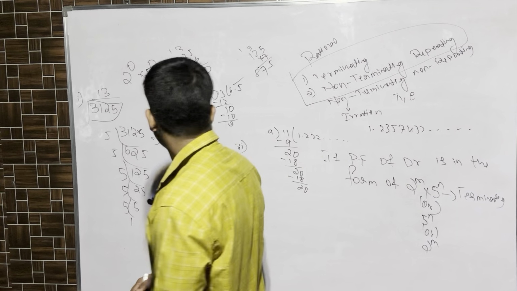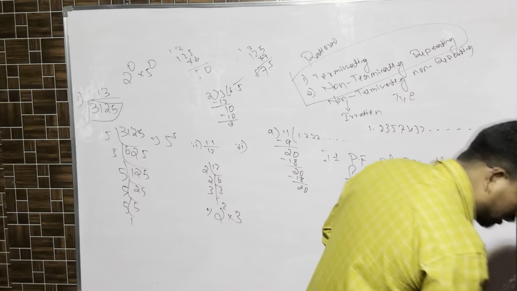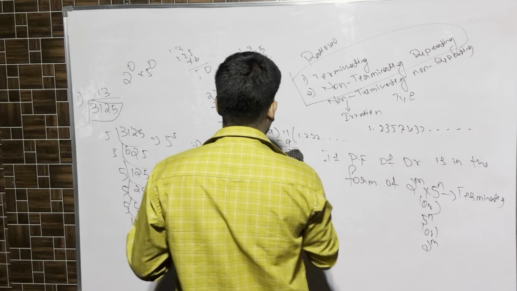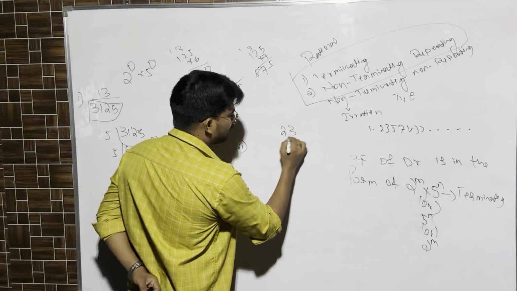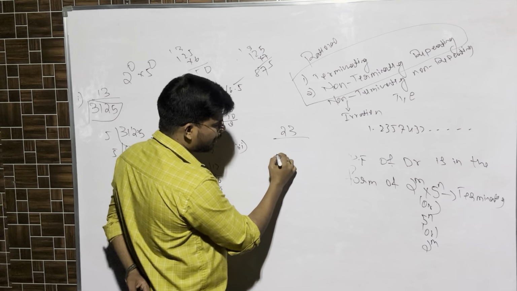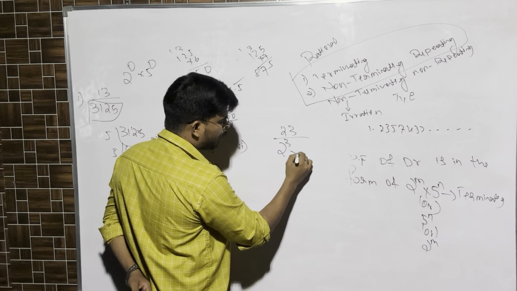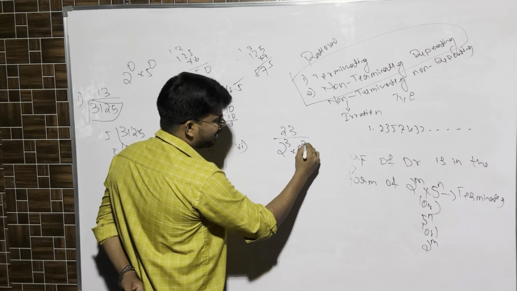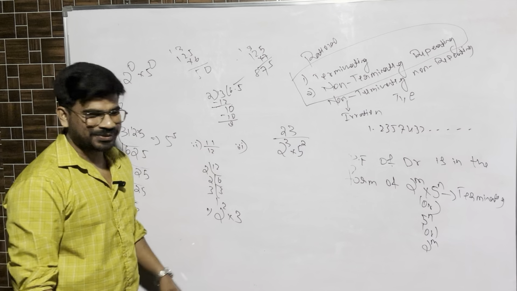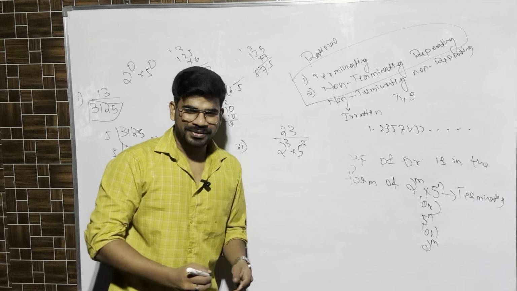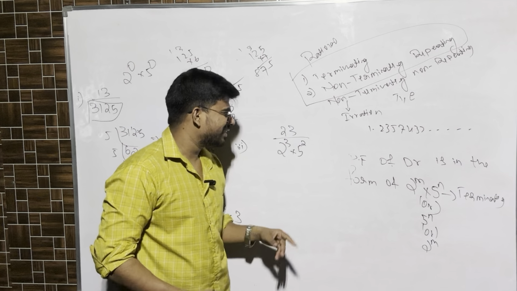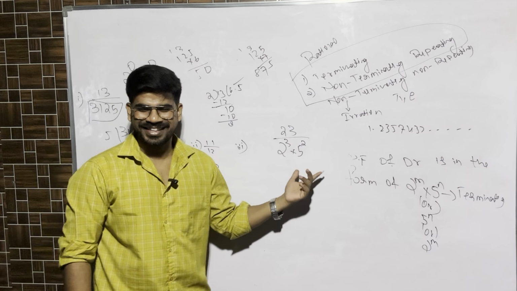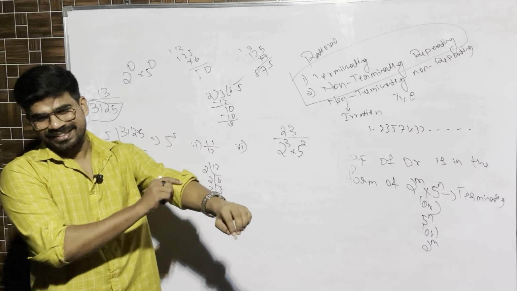Yes. In question number 6, what is it given? 23 divided by 2 power 3 into 5 power 2. Either it is 5 square or 5 power 2. So yes, like this also it will come.